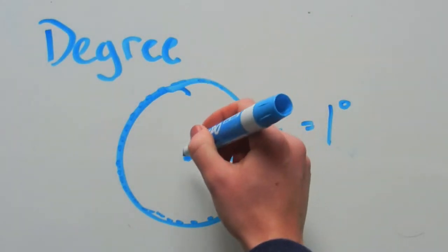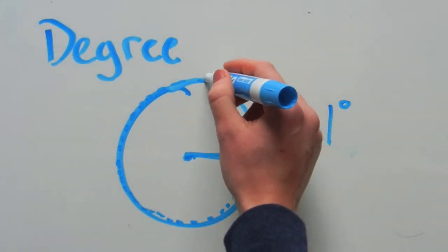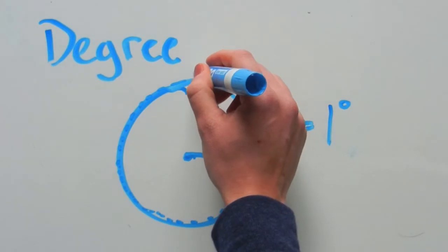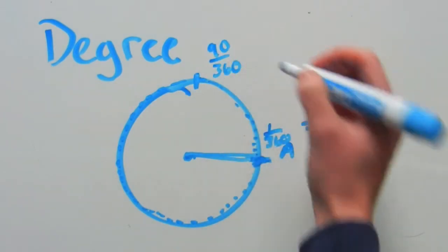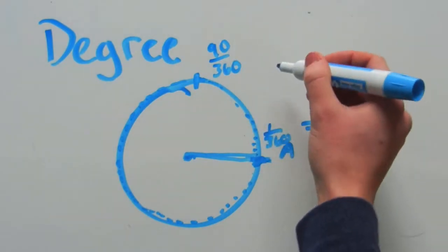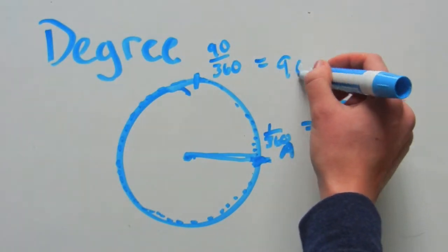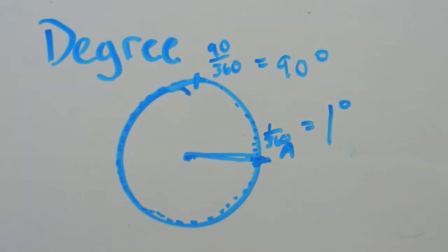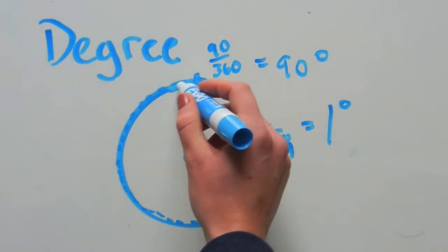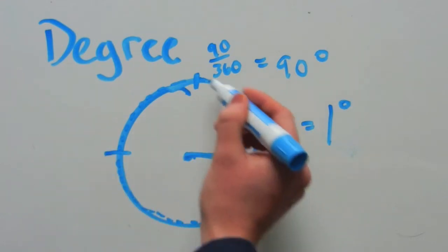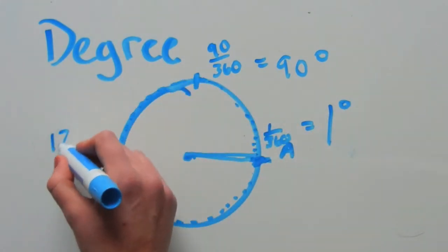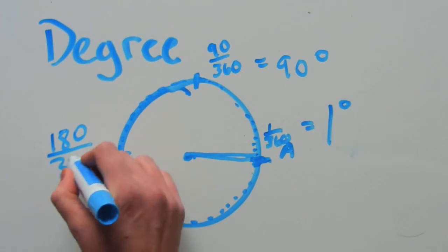So continuing on, if we were to go a quarter of the way around that circle, we would be at 90 out of 360. So 90 out of 360 is simply 90 degrees. Continuing on around that circle, if we were to go halfway around the circle, we would be at 180 out of 360.